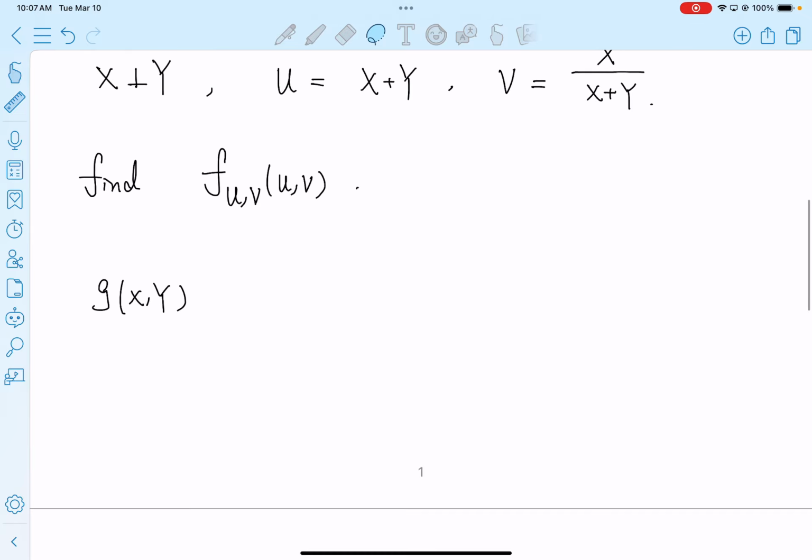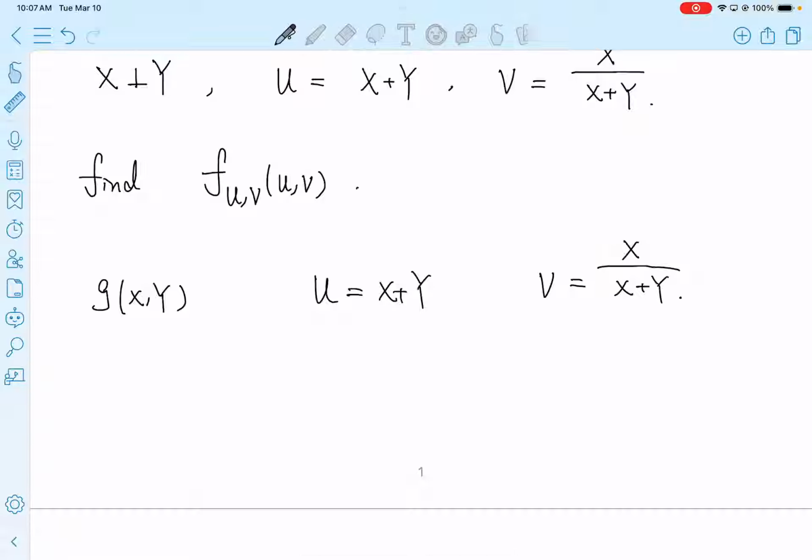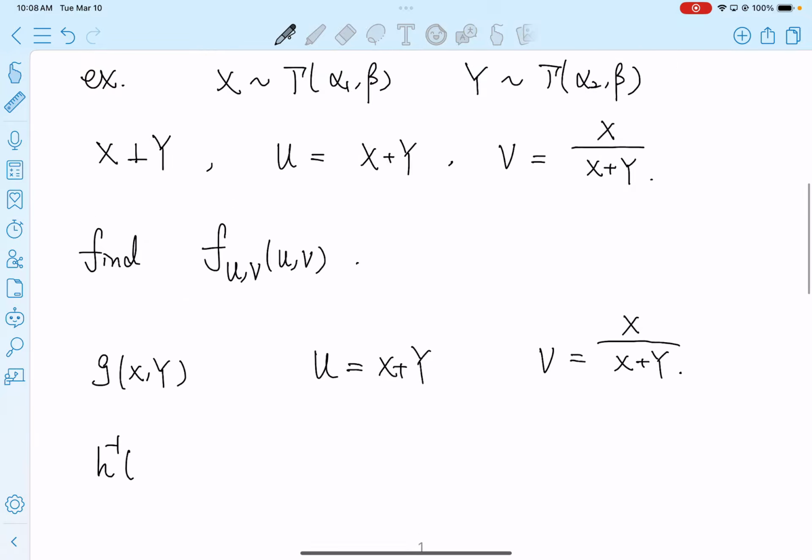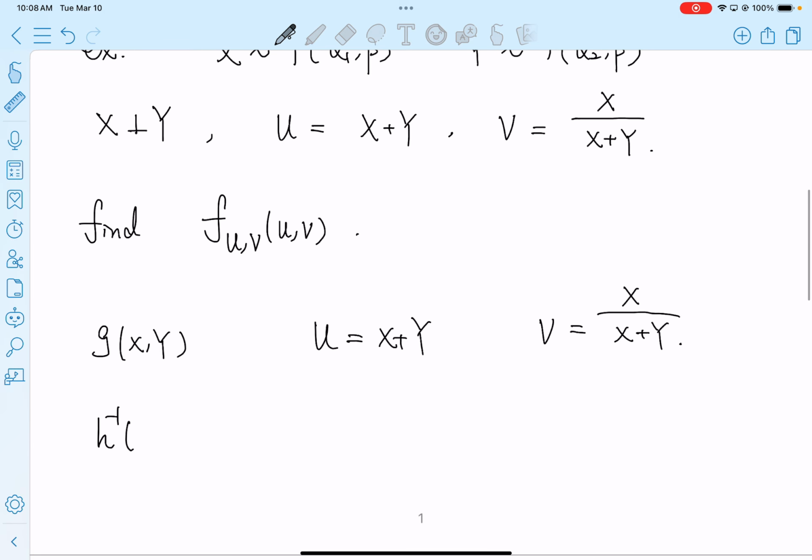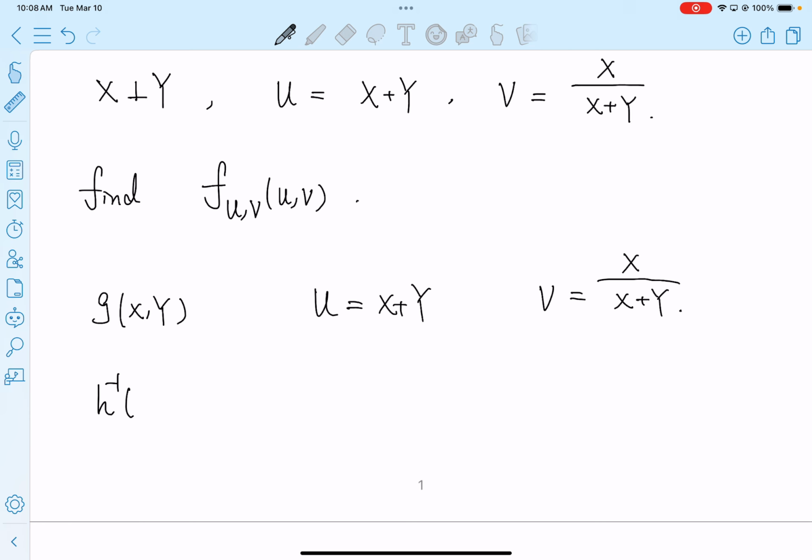So the g's are just u equal to x plus y, and v equal to x over x plus y. To use the formula, we also need their inverse, which is denoted by h inverse, as functions of u and v.